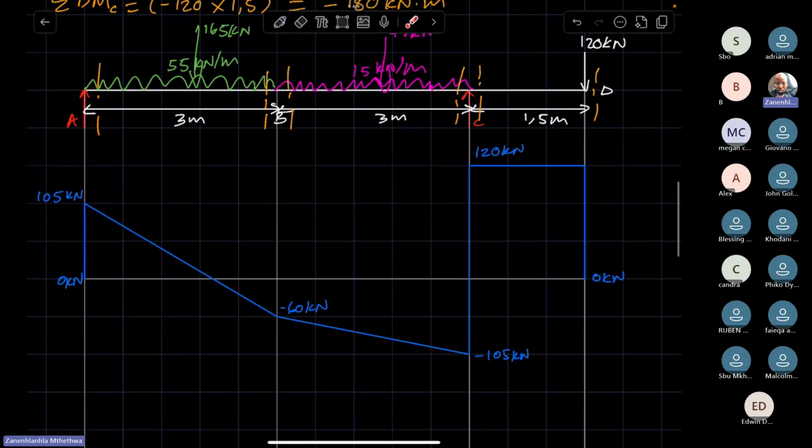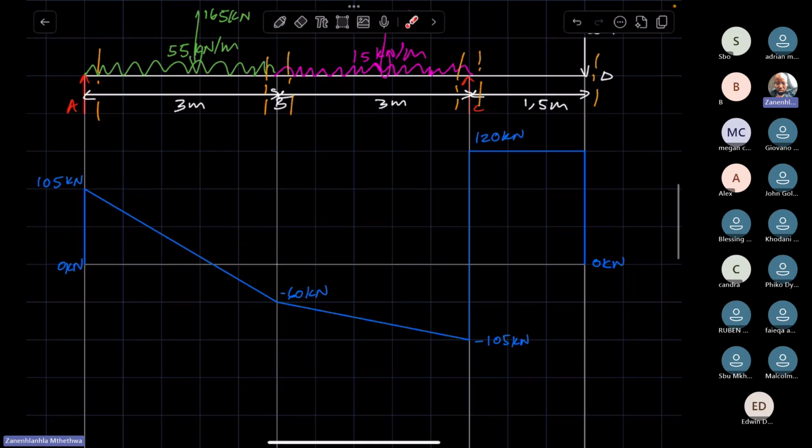Now, the reason why in drawing a shear force diagram and a bending moment diagram we first draw the shear force diagram is because it tells us some important information regarding the bending moment diagram.